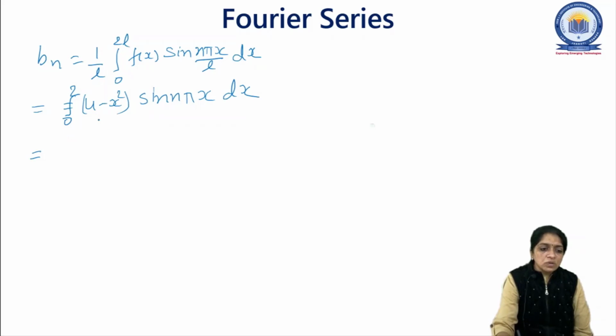So by using the Leibniz rule, here 4 minus x square is u and sin(n pi x) is v.